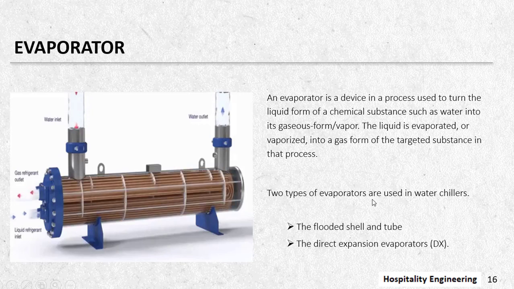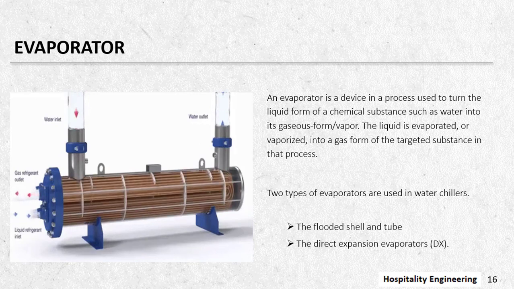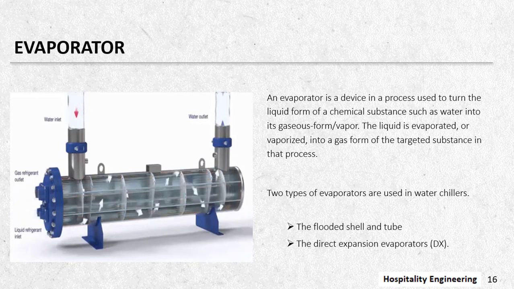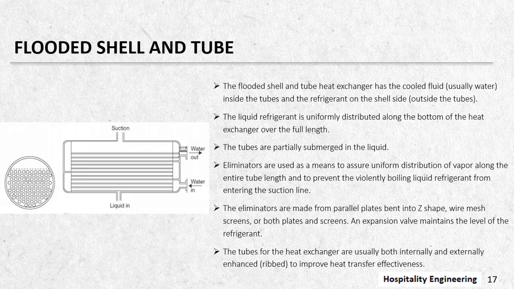Now we will see what the types of evaporators used in the water chiller are. The flooded shell and tube, and the direct expansion evaporator, DX. These two types of evaporators are commonly used in the water chiller plant. Flooded shell and tube.